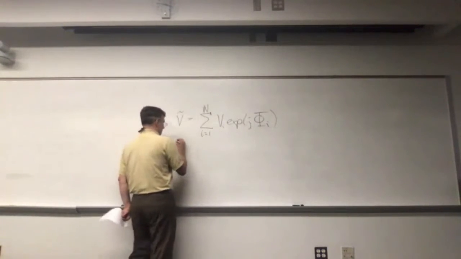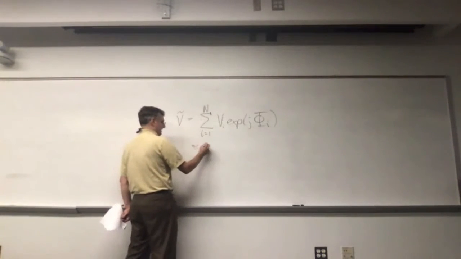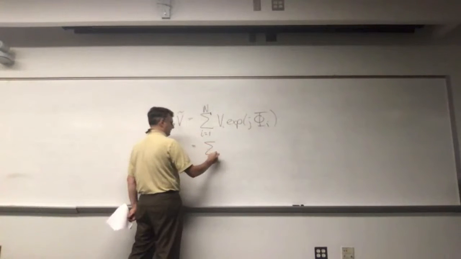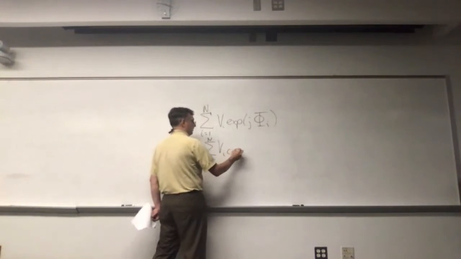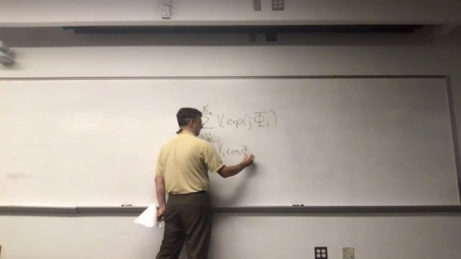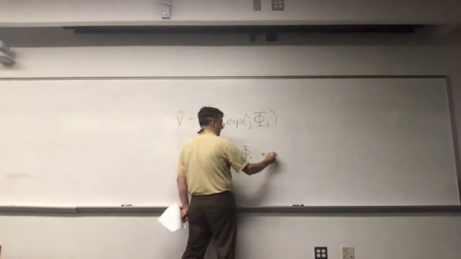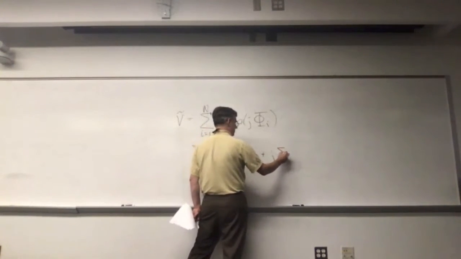And then I can separate this out. We used this trick that said, okay, I'm going to use Euler's law. I'm going to break this into real and imaginary terms.